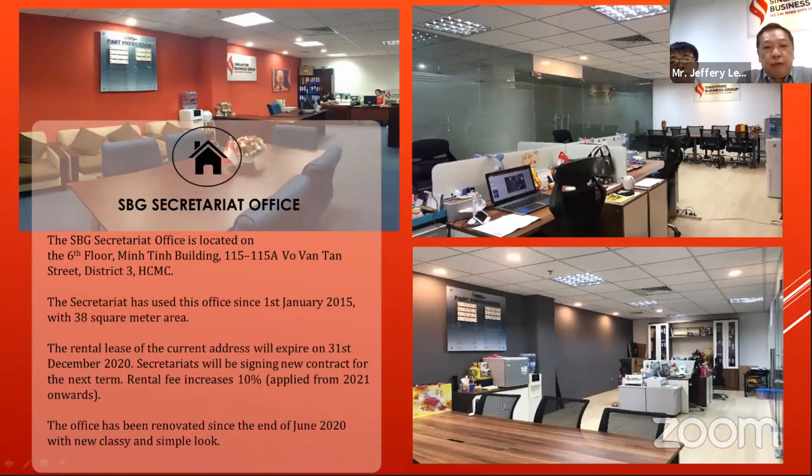And now we have our new office, or not to say a new office, it's still the same office, located at 115A Warrington Street, District 3. What we did was some renovation, and we also needed to purchase new furniture, because most of the old furniture that you see in the photo on the top left-hand corner is from maybe more than 10 to 15 years ago.